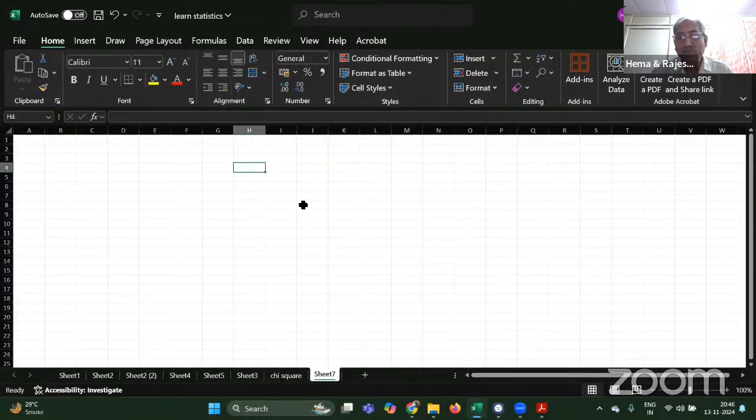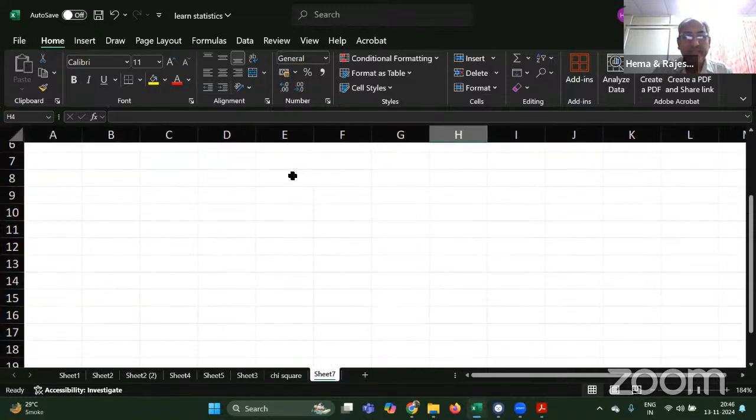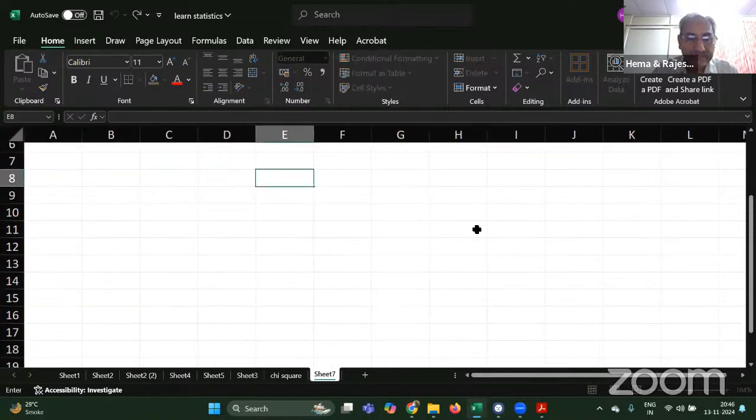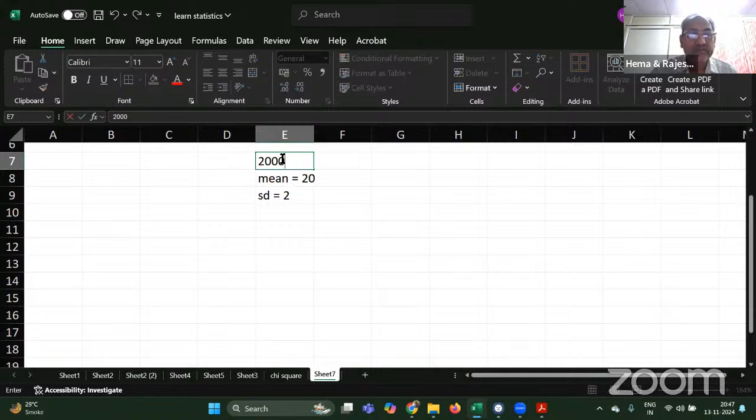Very few people are using this, but it is very useful. Suppose the mean weight of children is 20 kg, the standard deviation is 2, and the total number of children is 2000.